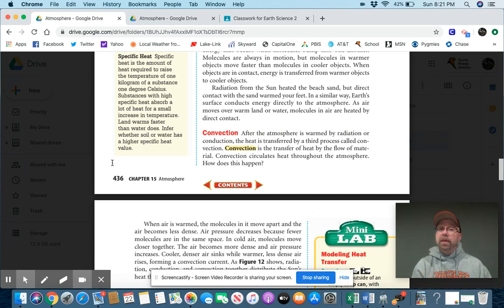So that warm air rises up into the atmosphere where it eventually, and we're going to learn this in the next chapter, cools down because we saw in our temperature graph that it gets colder the higher we go up. It eventually cools off, it condenses and forms clouds. So convection, hot stuff rises, cold stuff sinks.